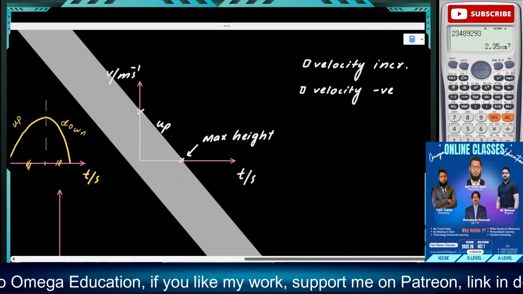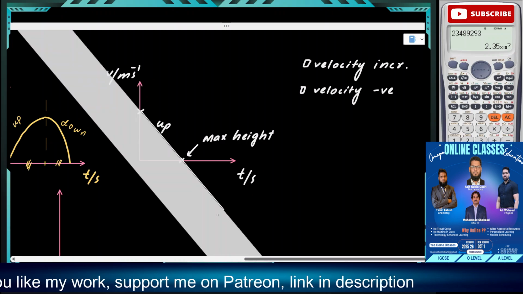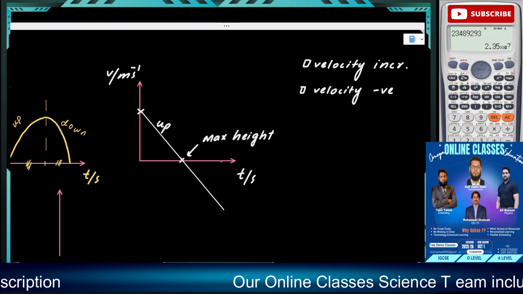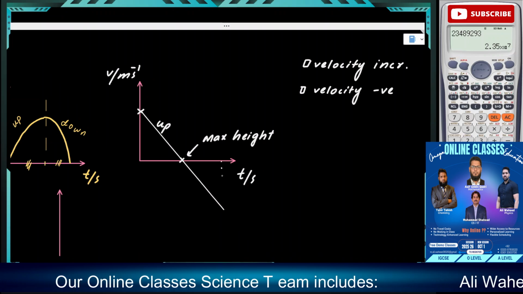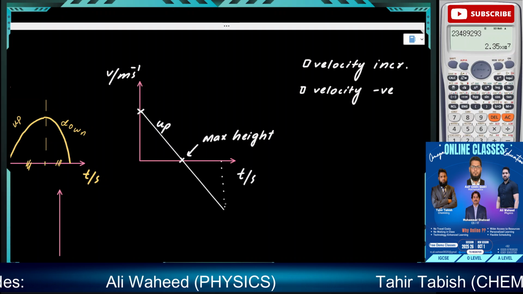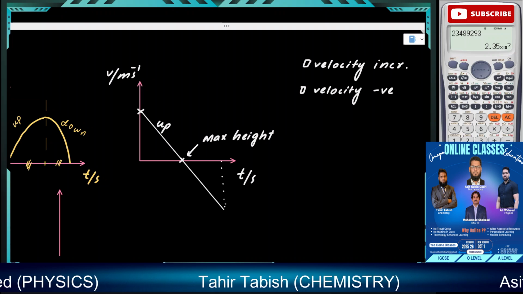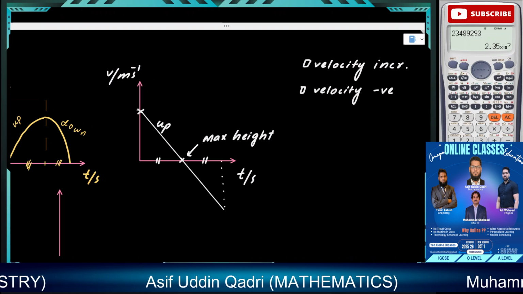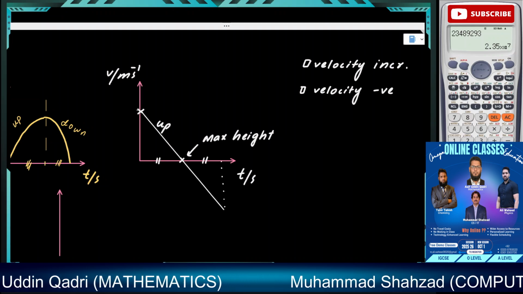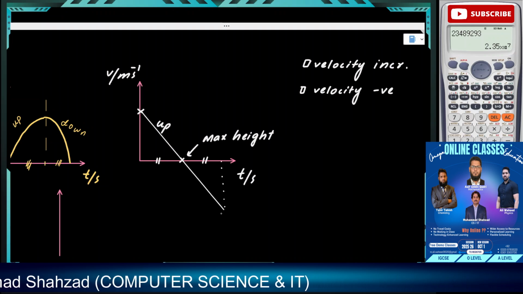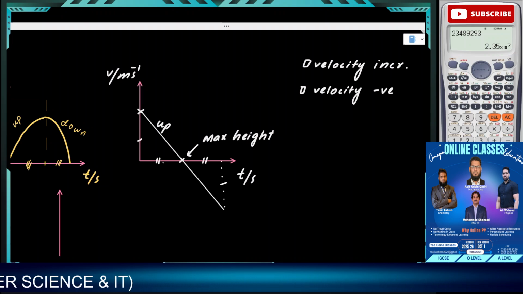It would increase for the same interval of time. So this time over here should be equal to this one, and the maximum velocity at the start should be equal to the final velocity at the end. So in other words, this length should equal this length, and the two times should also be equal.